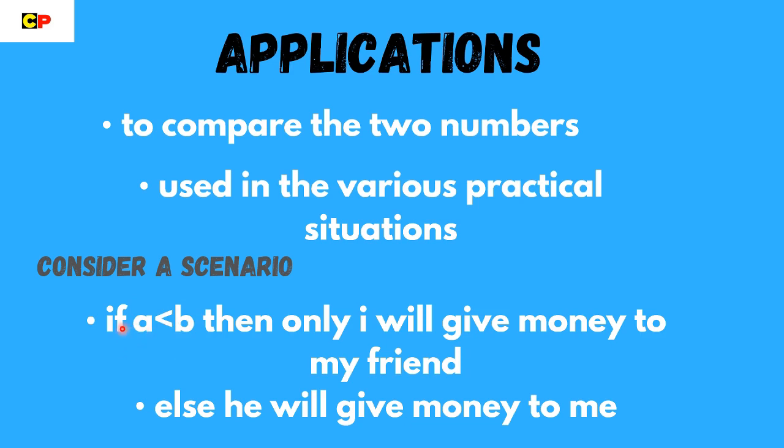My condition says that if A is less than B, that means if my friend has less money than me, then the statement says I will give money to my friend. Or else, if this condition is not satisfied, then my friend will give money to me.